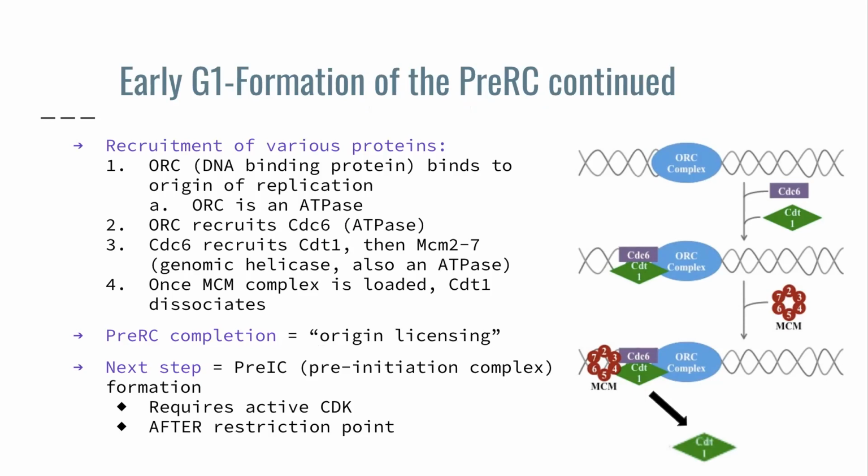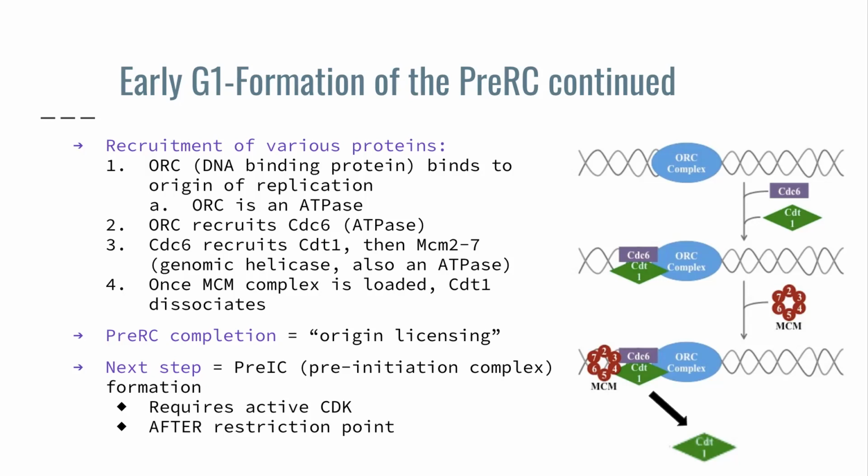Okay. So during the formation of the pre-RC, we have recruitment of various proteins. We have ORC first, which is a DNA binding protein. It binds to the origin of replication. It is an ATPase. ORC then recruits CDC6, and then CDC6 recruits CDT1, and then the helicase, MCM, comes along and binds over here.